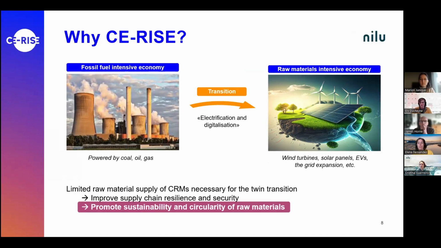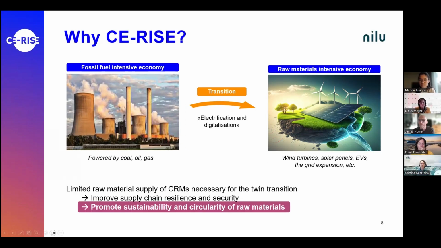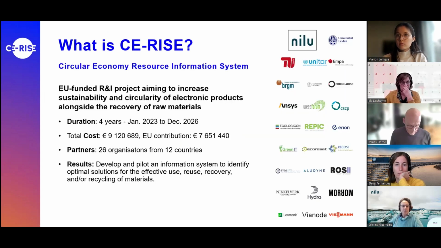On the other hand, the supply of these materials is limited in Europe, which may affect the resilience of European industries seeking to achieve the Green Deal objectives and driving this green energy and digital transition. So in response to these challenges, the European Commission aims to minimize the loss of secondary raw materials within the European value chains and market and optimize their reuse across value chains. So that's motivation behind our project.